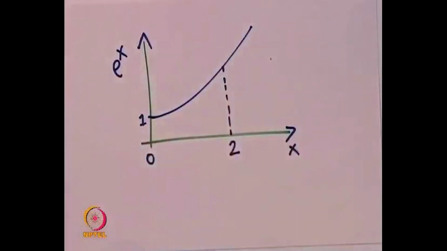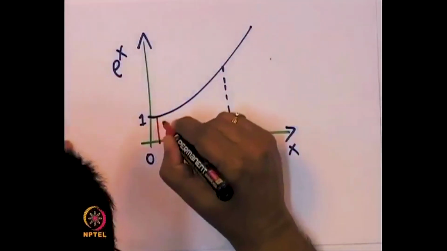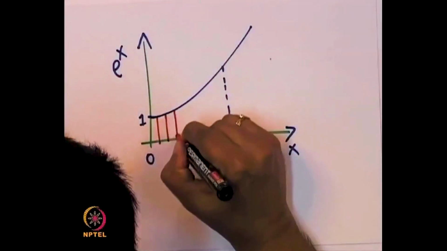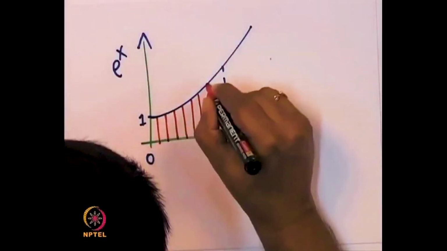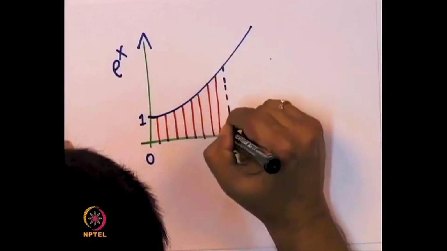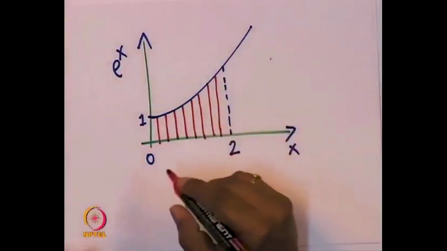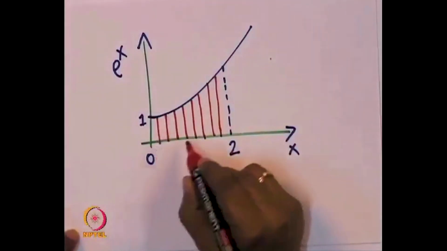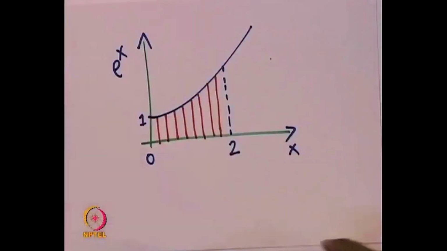So, we can divide this into many intervals. Let us divide this into n equal intervals. Let us call this 1, 2, 3, 4, 5, 6, etc. What does this mean?